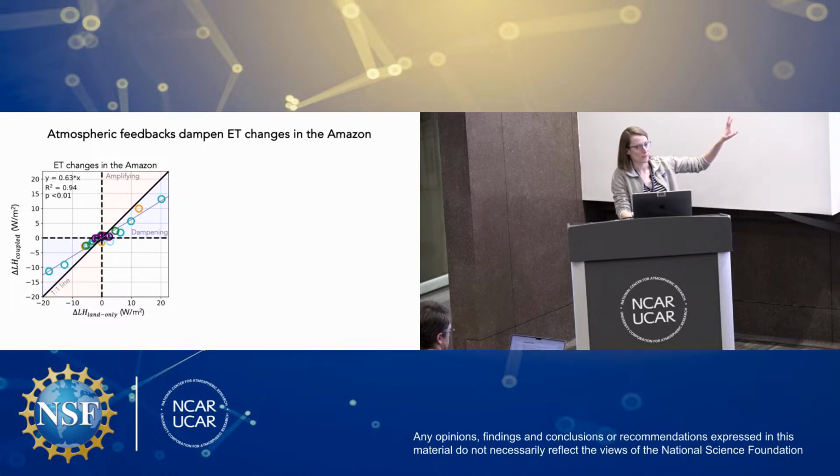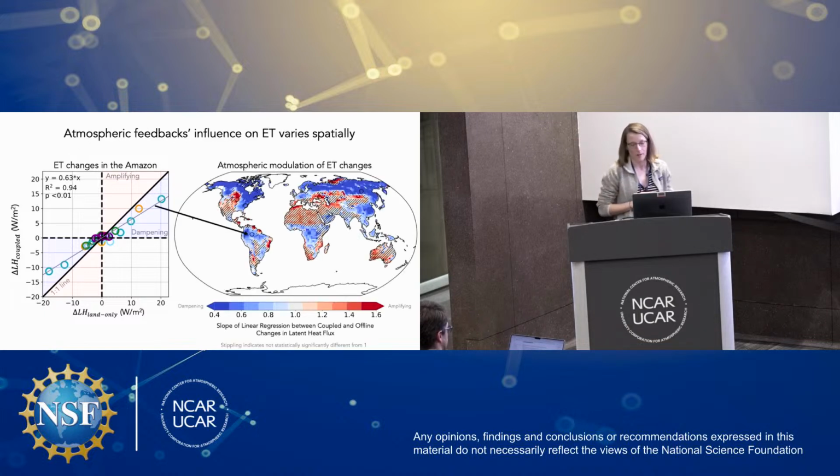And so far we've just been looking at this one point to build intuition for what we're trying to analyze. But if we extend this analysis to all land when it's not snow covered, there's actually a lot of spatial variation in how atmospheric feedbacks are modulating changes in land evapotranspiration.